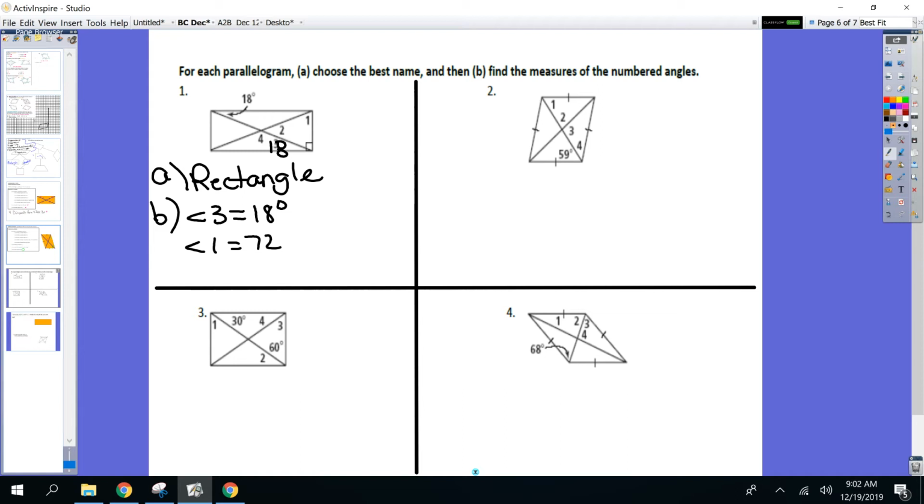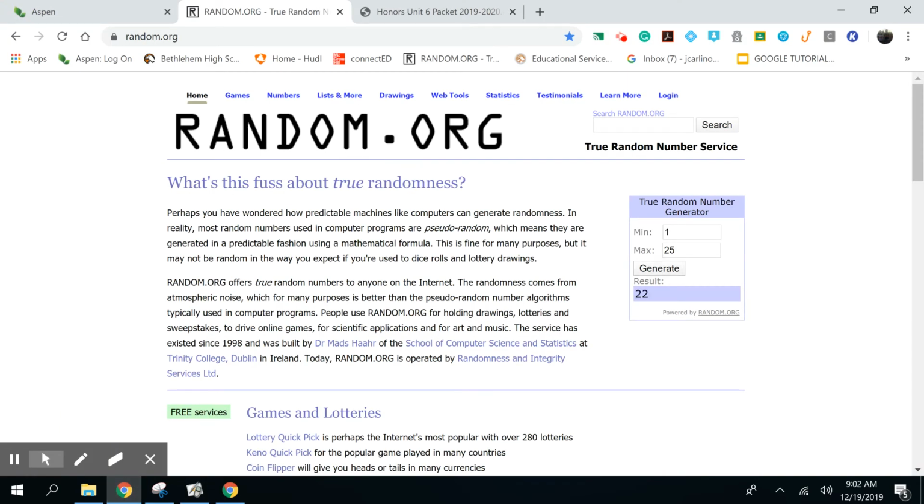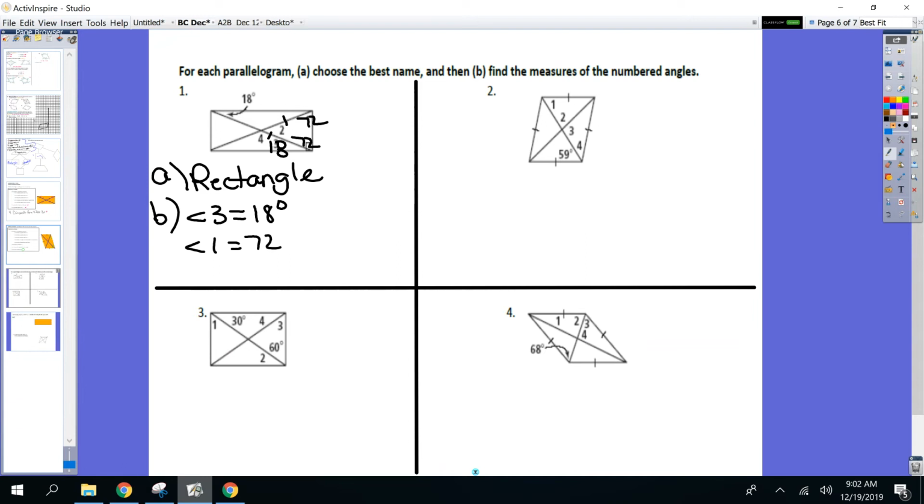Okay, everyone see 18, the angle adjacent to it had to have been 72. We said diagonals form 4 isosceles triangles. What's across from the congruent sides? Congruent angles. Okay? Yes, powerful if you know these properties. All right, 1 and 3 are done. Oh boy, 22, going deep.